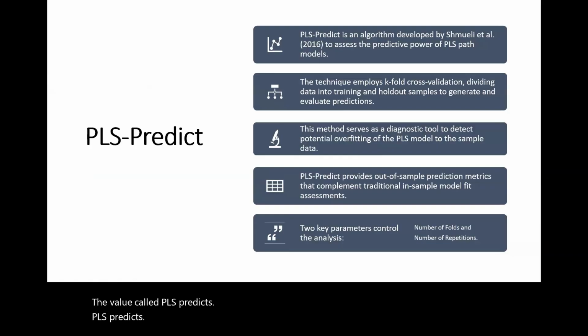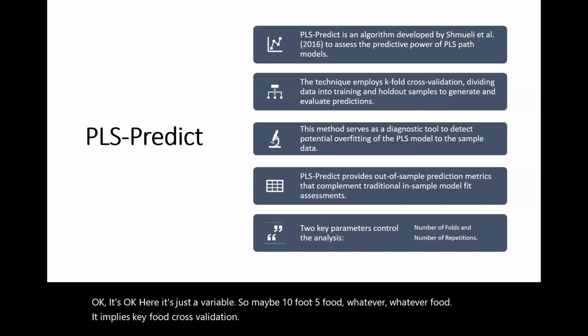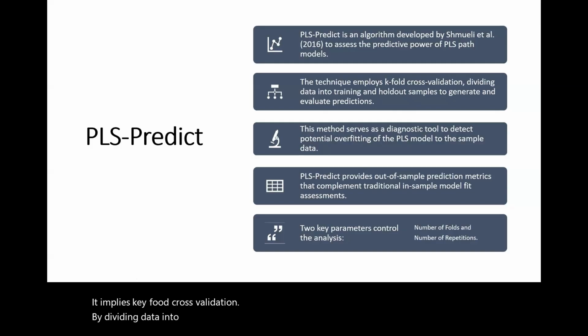PLSpredict is an algorithm that was developed by Shmueli et al. 2016 to assess the predictive power of your PLS structural model, the path model. The technique employs k-fold cross-validation, where k is just a variable, so maybe 10-fold, 5-fold, whatever fold, by dividing data into training and holdout samples to generate and evaluate predictions.